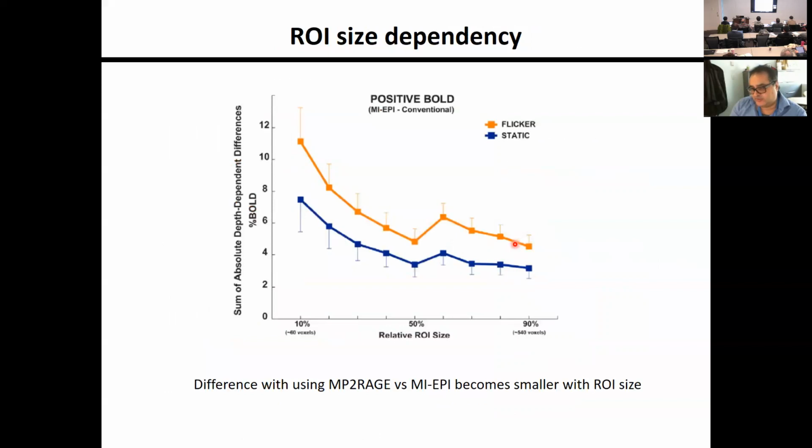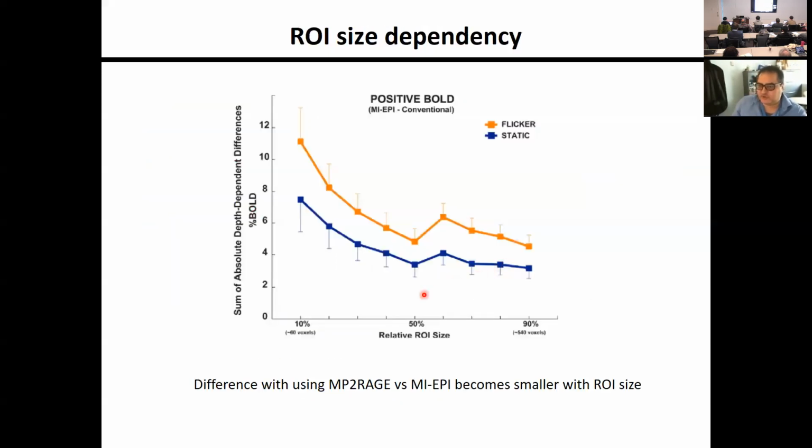Or in other words, if you do an experiment and you analyze a large ROI, you still should be careful, and you should examine the registration and segmentation very carefully and manually correct if necessary. However, the errors are smaller compared to if you have a small ROI. There you have to really make sure that everything works perfectly, because the number of voxels you are using is small and every error has a big impact.